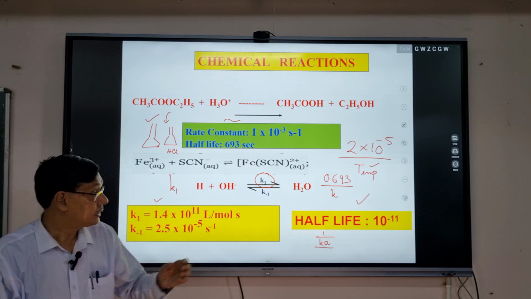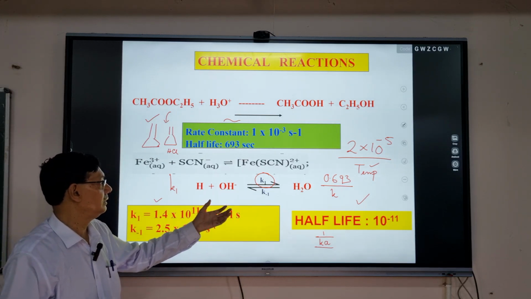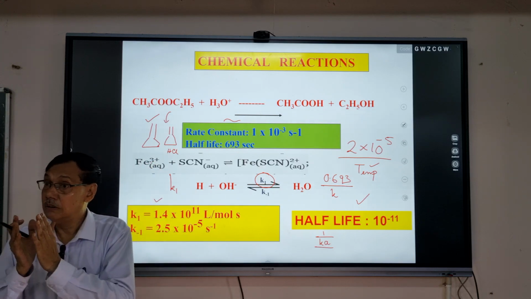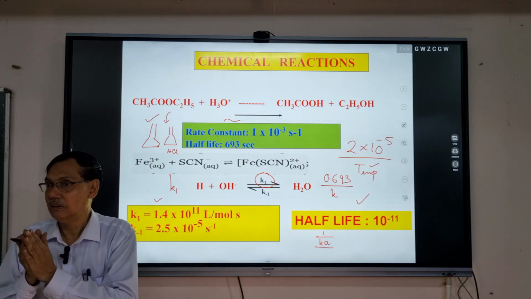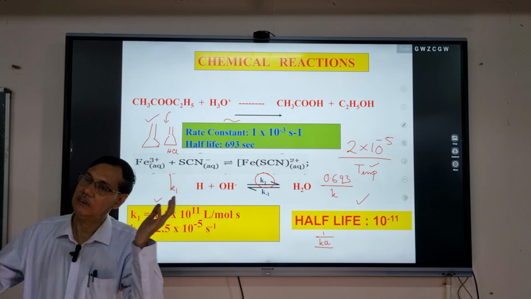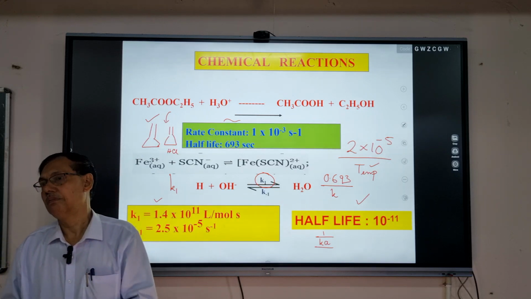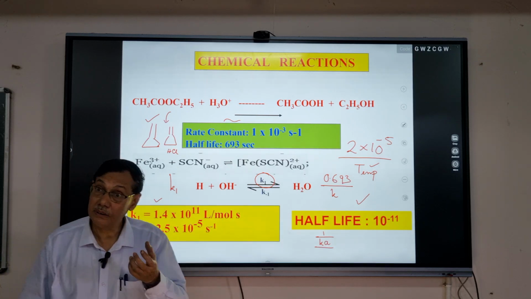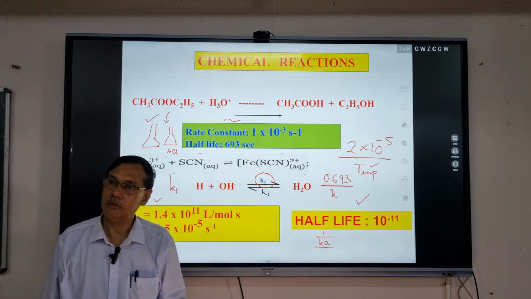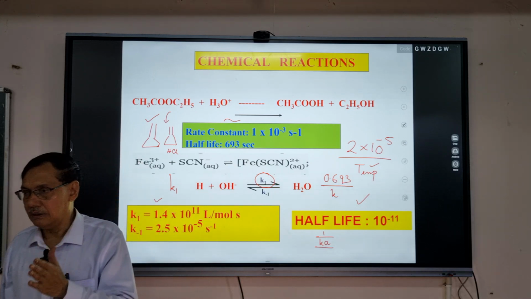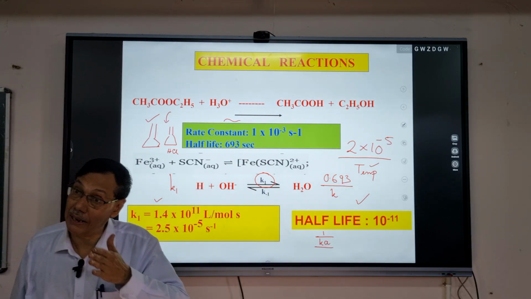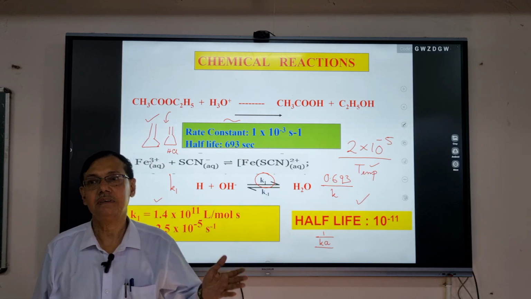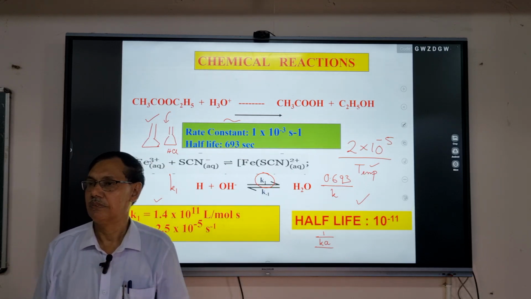But I am not talking about the formation of water; there are thousands of reactions where the mixing time, that means the time required just to mix, is itself the time in which the reaction is finished. So how do you study such type of reaction? Such reactions are called fast reactions. Therefore, we have to study some special methods for such fast reactions.